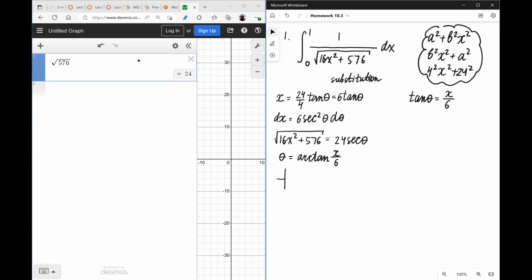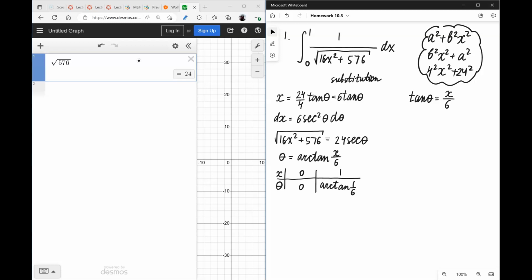If you want to change the limits of integration, which is normally recommended, when x is equal to 0, you have arctan of 0, which is 0, but when x is equal to 1, you end up with arctan of 1 over 6. And we've seen it before.